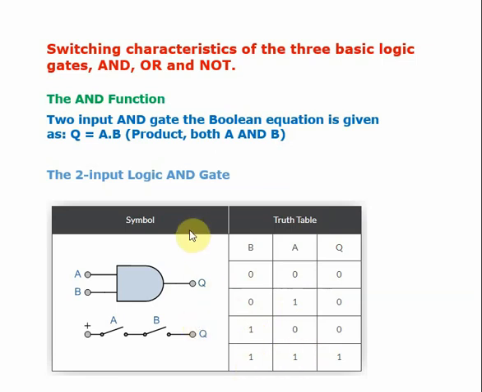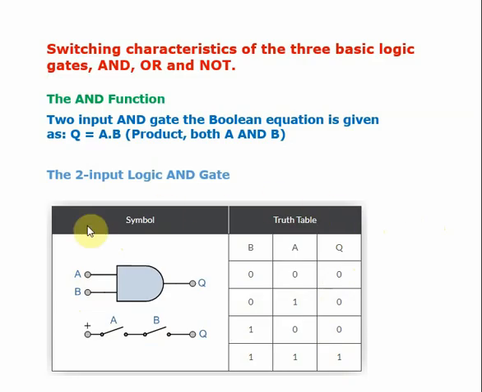If 3 inputs are there, it will go from 0 to 7, right? So we write in this order and go on. Then we can see the output. These two need to be 1, so only here you get 1, all other combinations 0, right? This is the AND gate.